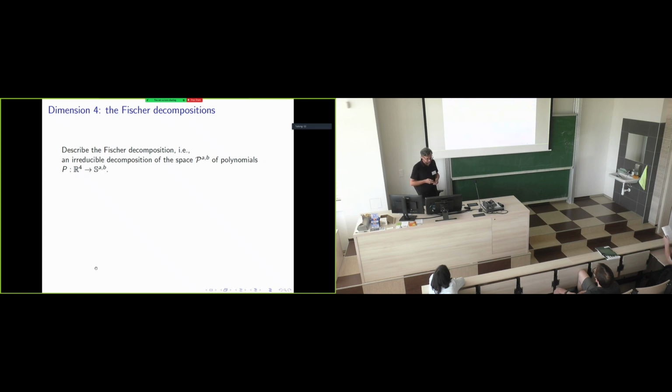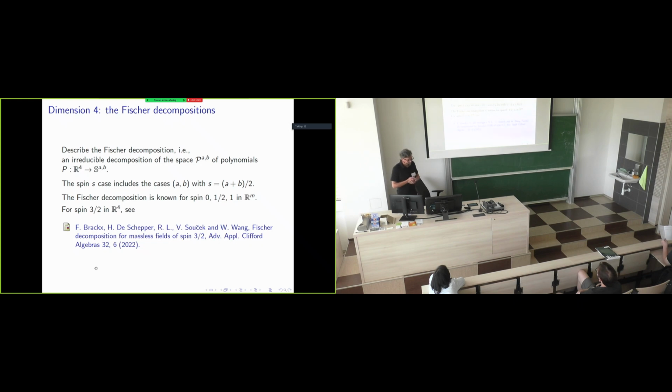And the last result I want to explain is the Fisher decomposition for any spin. The Fisher decomposition, this result is sometimes called also separation of variables. This is simply an irreducible decomposition of the space PAB of polynomials, in our case in dimension 4, which have values in the spinor space of type AB.